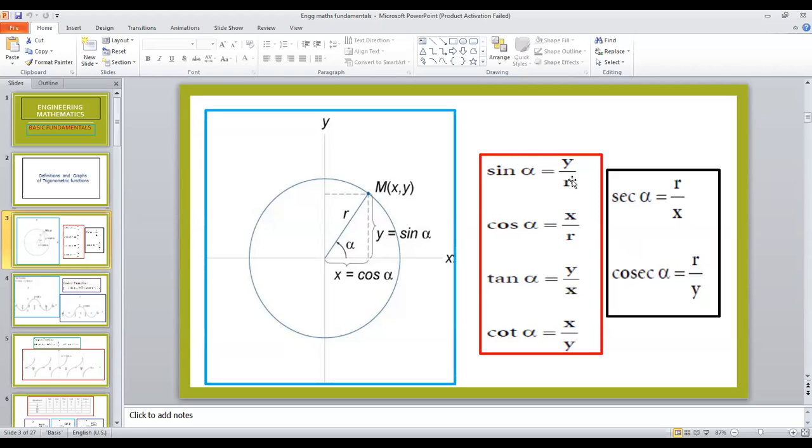So see here, what you are getting for x: x is r cos alpha and y is equal to r sin alpha. And these two satisfy the equation of circle, that is x square plus y square is equal to r square. Hence, x is r cos theta and y is r sin theta, called the circular functions.